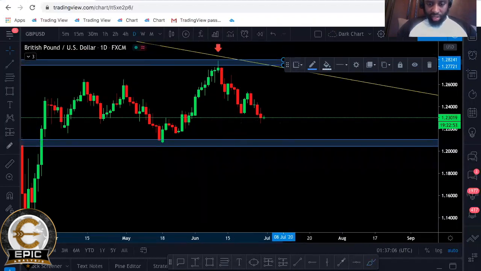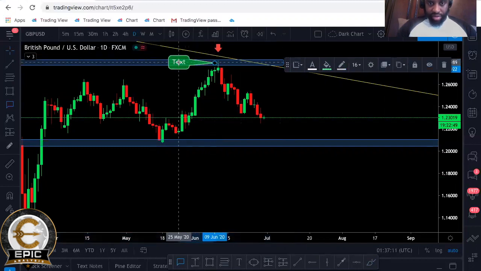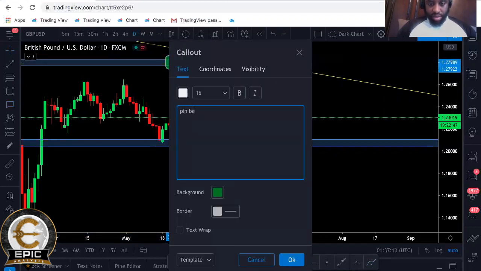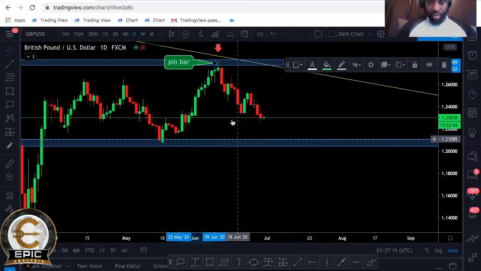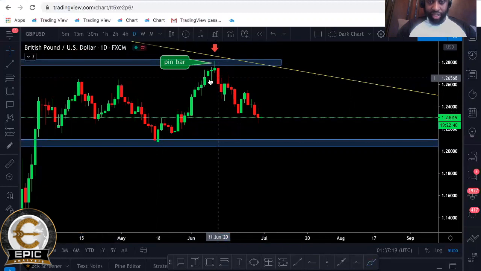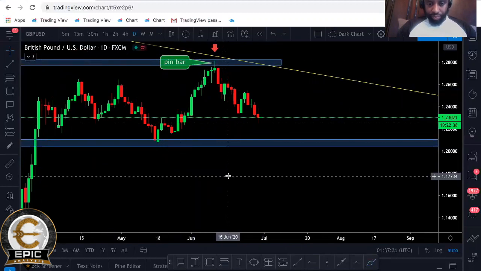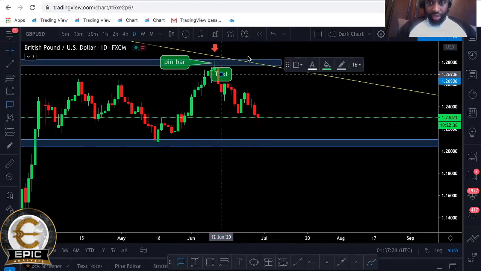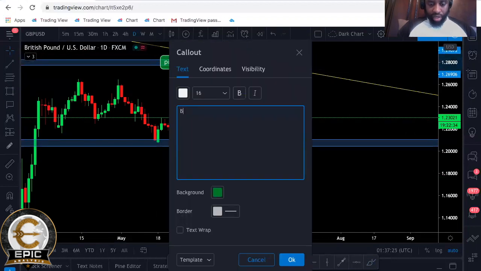Once price retested structure, we got a pin bar right here, signifying price losing steam. And then we got this bearish engulfing right here. And then from there, we had the big impulsive drop.